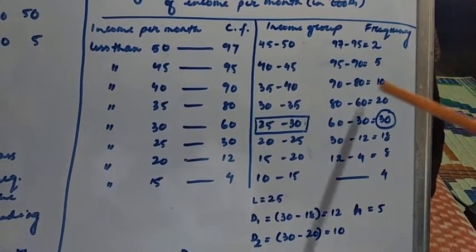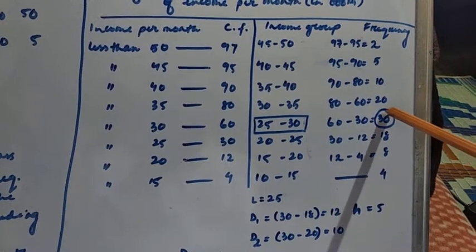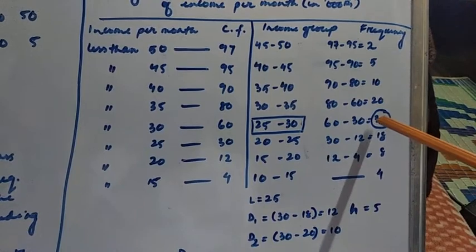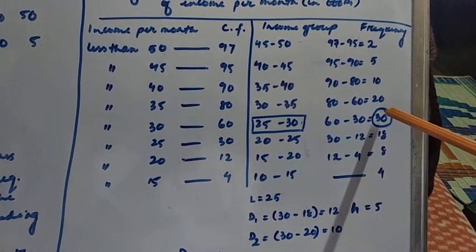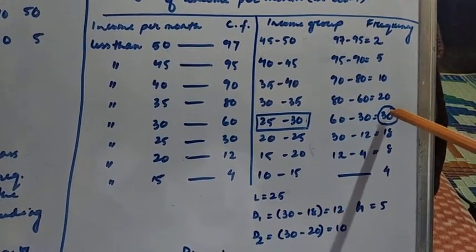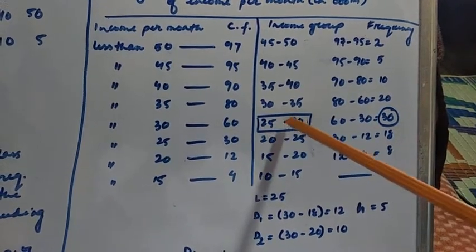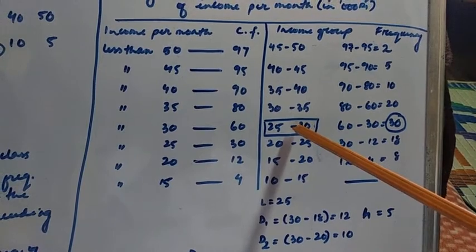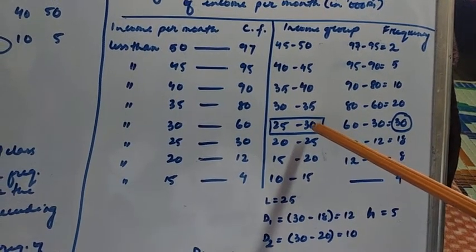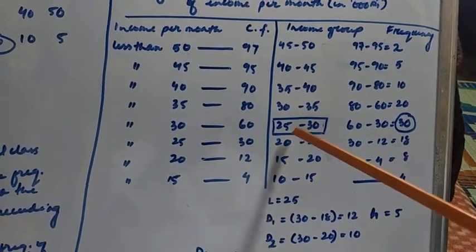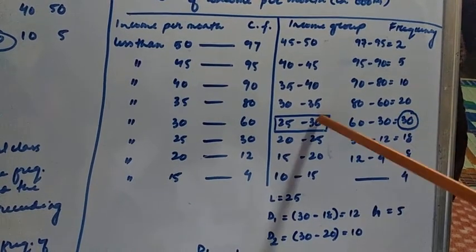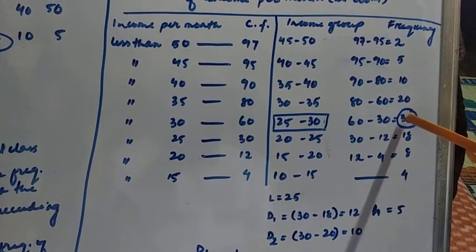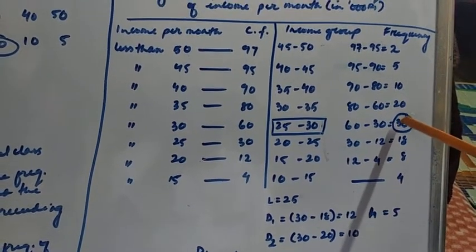After finding them, you find that 30 is the highest frequency, which means 25 to 30 is the modal class. A modal class is the class having the highest frequency, corresponding to 30, which is the modal value.